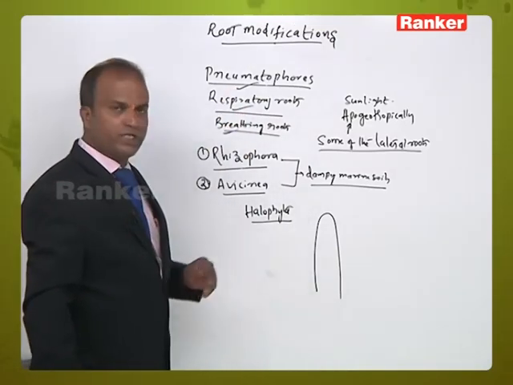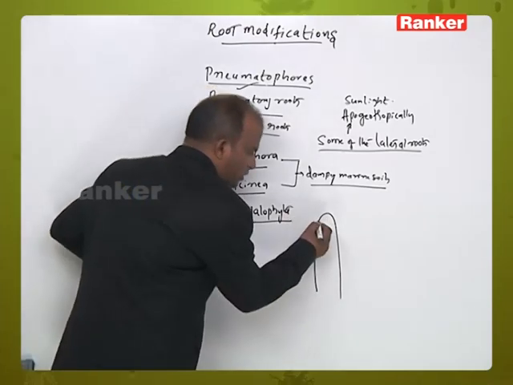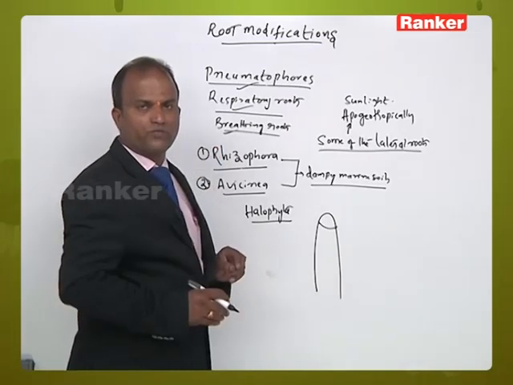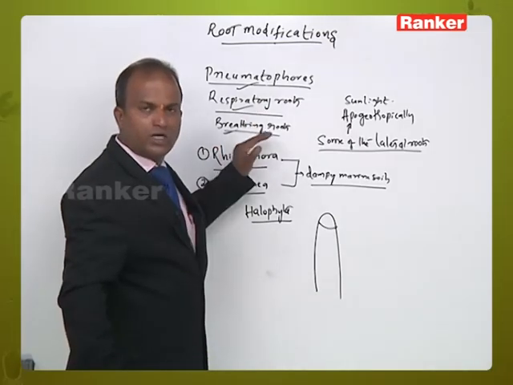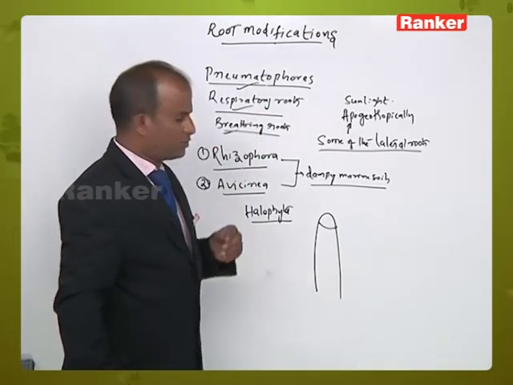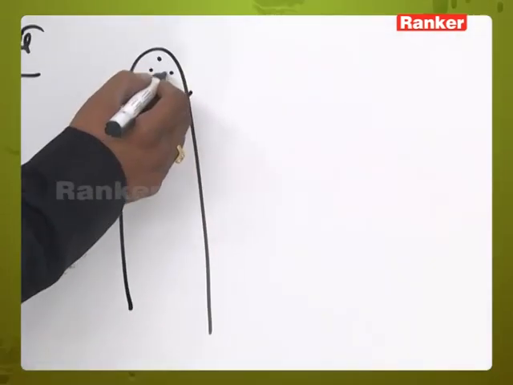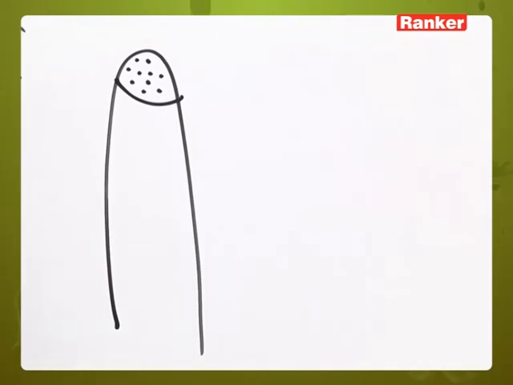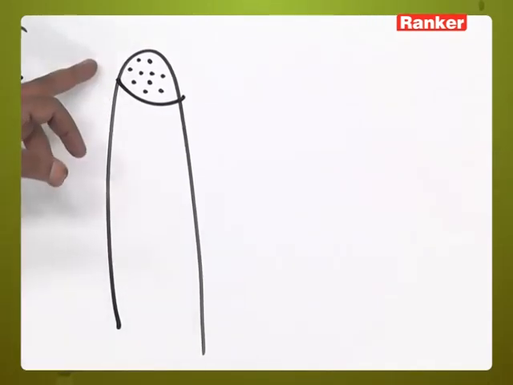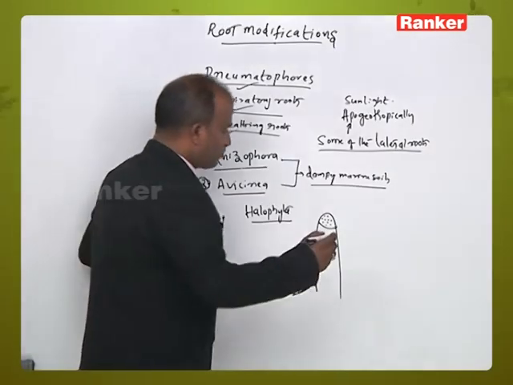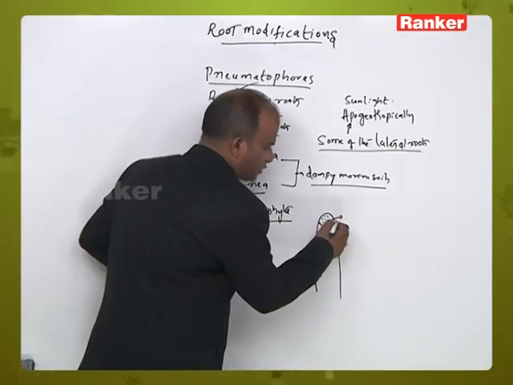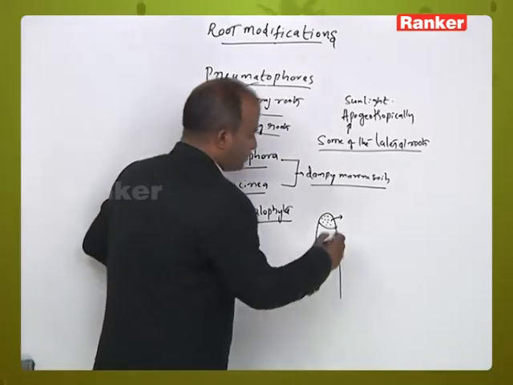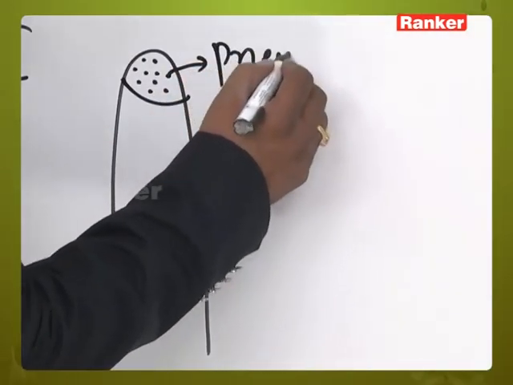Towards the apical portion of the nematophores, or respiratory roots, or breathing roots, small openings are present. These small openings present towards the apex are nothing but pneumatophore pores, the nematodes.